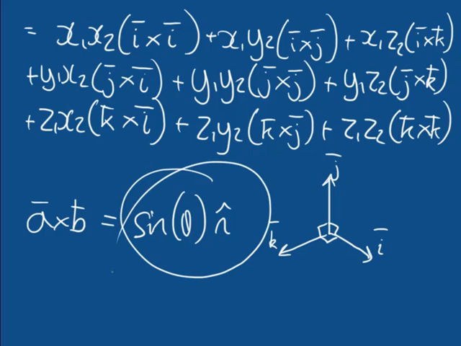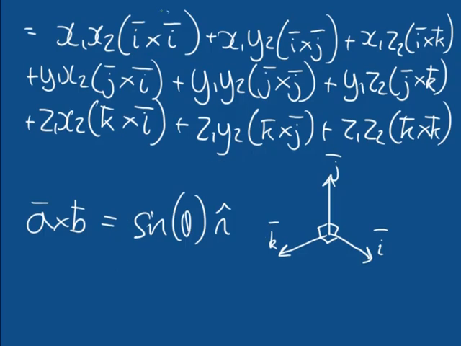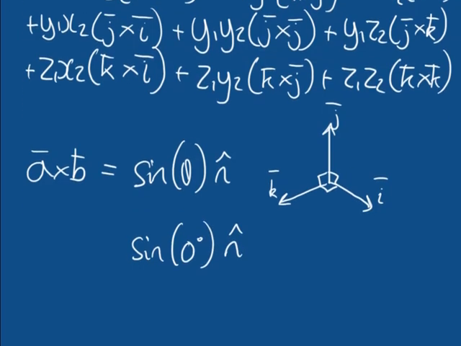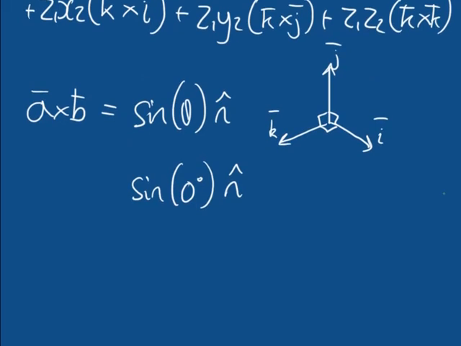So our cross product operation for a vector crossed with itself becomes the sine of 0 degrees multiplied by that vector n. And we know that the sine of 0 degrees is 0. Thus this becomes 0 multiplied by that vector n, which becomes a 0 vector.